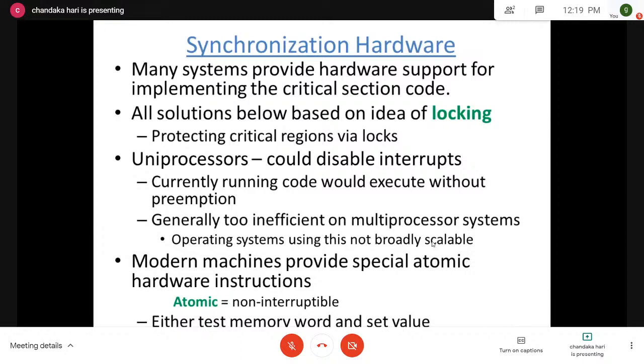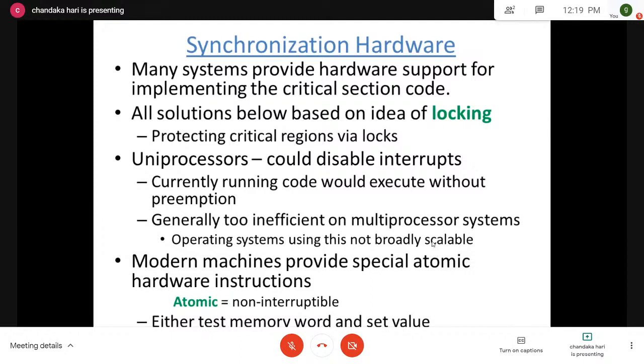Already I told you about the maskable and non-maskable classification of interrupts. Maskable interrupts can be ignored by the processor without causing any problem to the CPU. While executing one process in the critical section, you can mask or disable the interrupt. Then whatever interrupt is generated from other processes, I cannot handle it, and the data is 100% guaranteed to be in a consistent state.